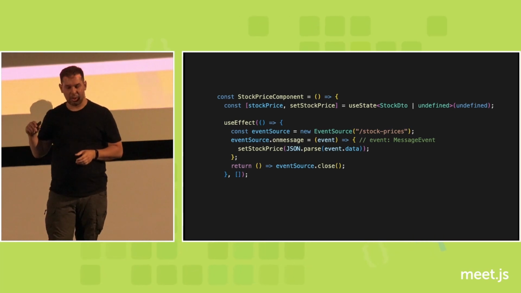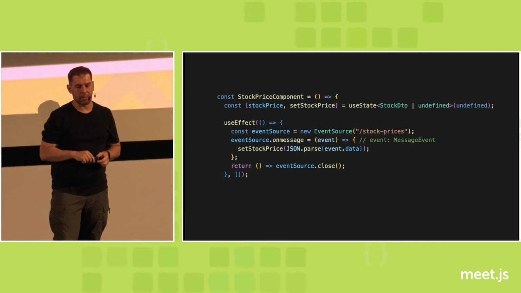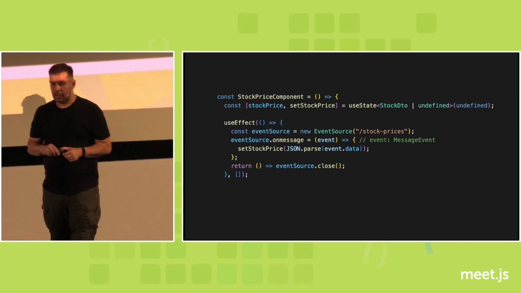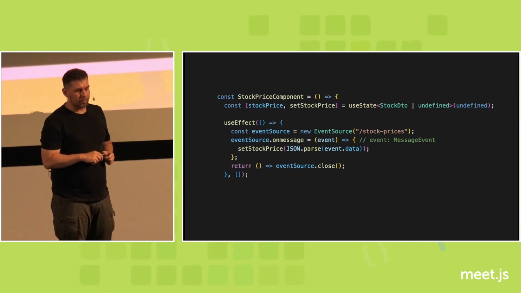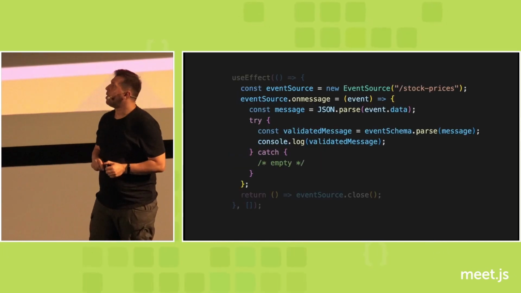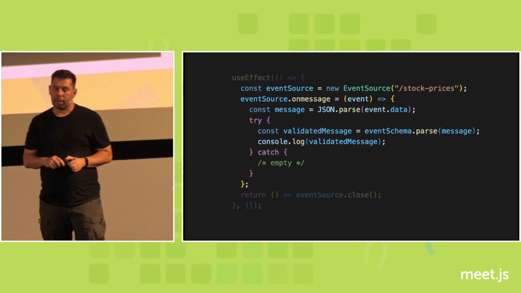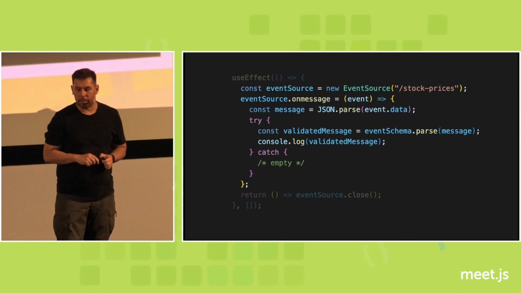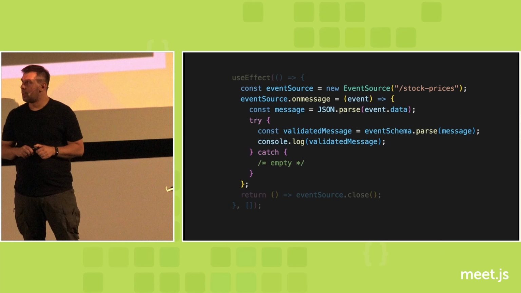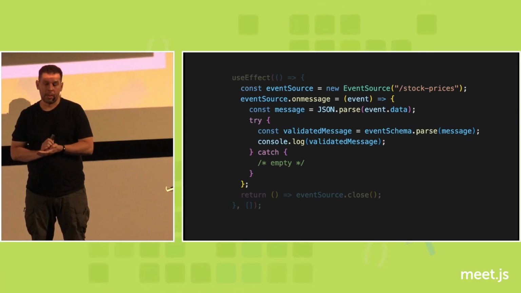But in this code, there is a thing that many developers forget, because you should always validate your incoming data, even from the backend, and your application will be more stable.